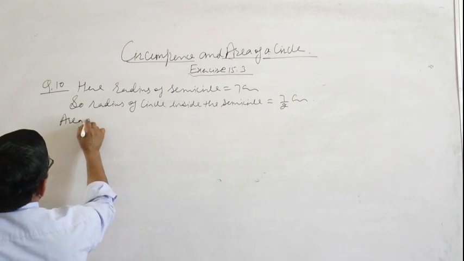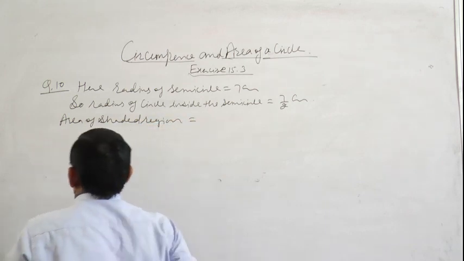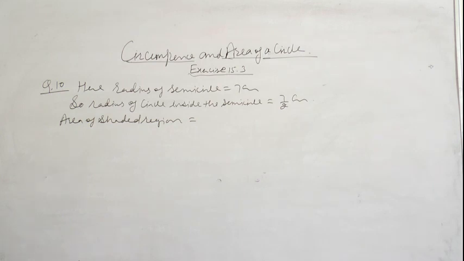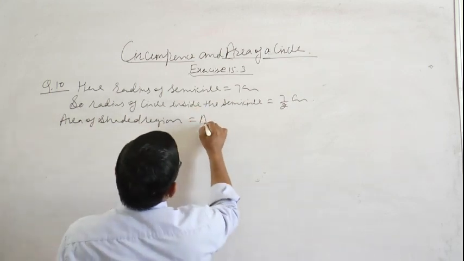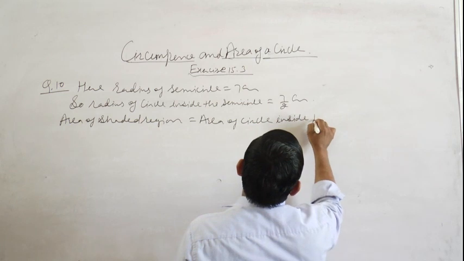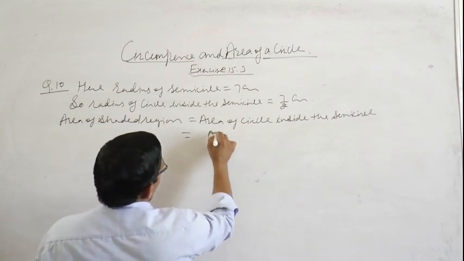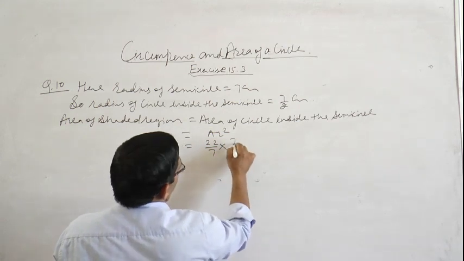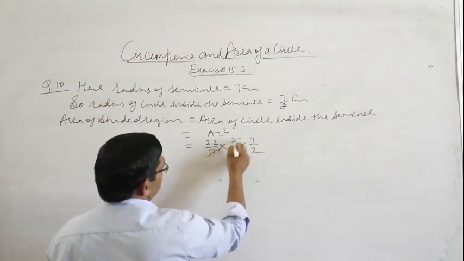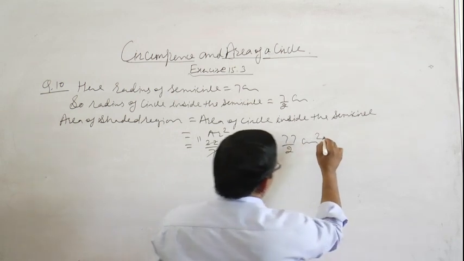So area of shaded region is equal to area of circle inside the semicircle, which is pi r square, that is 22/7 multiply 7/2 multiply 7/2, 7 cancelled by 7, 11 into 7/2, that is 77/2 centimeter square.